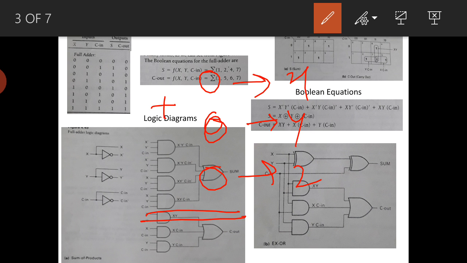Even though there are three variables, the output will be only sum and carry, each of a single bit. Usually it is addition between x and y, and the third acts as the carry input.